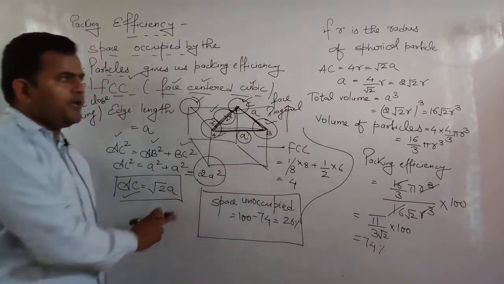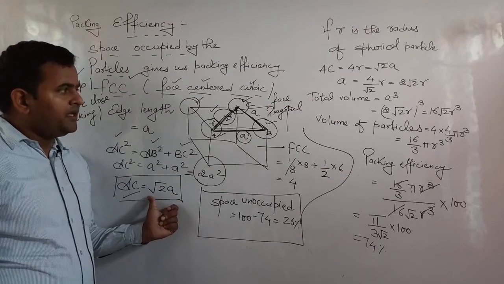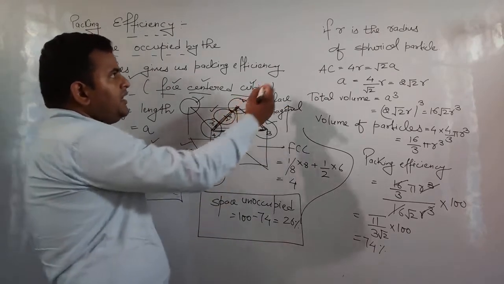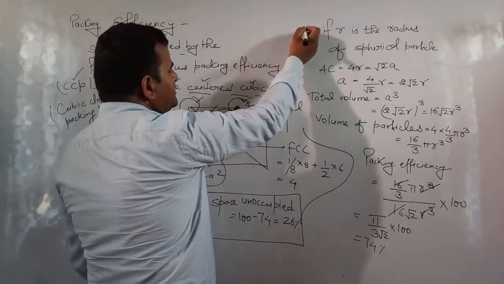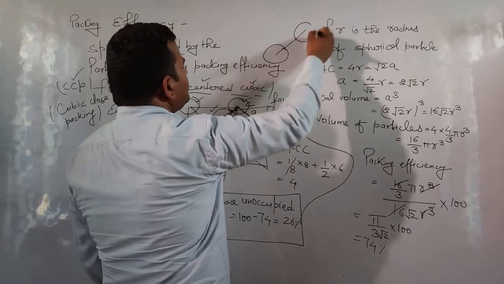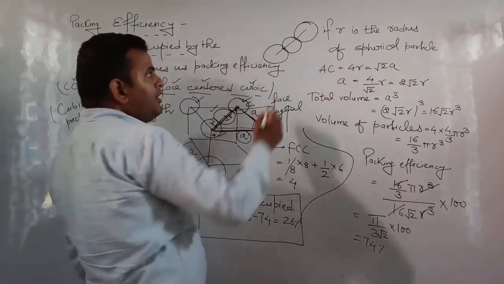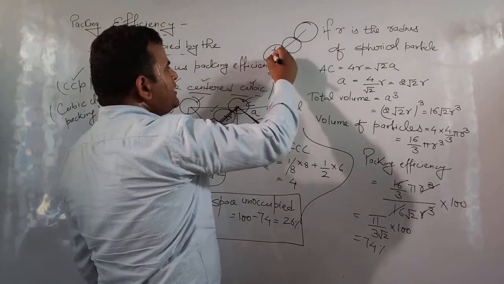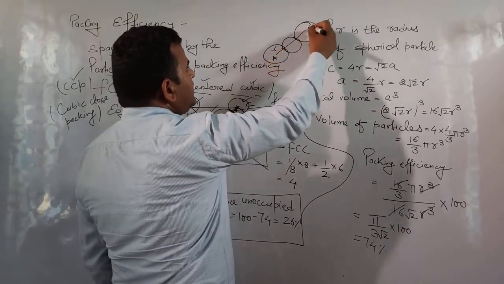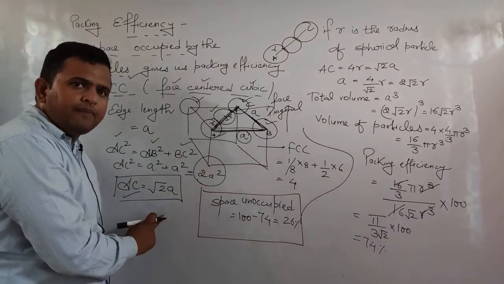root 2 a. Now we have the value of root 2 a, and the particles, as you can see, are arranged such that along this AC, one of the particles is at the corner and one is at the face center. The value of this AC, as we have calculated earlier, is root 2 a.